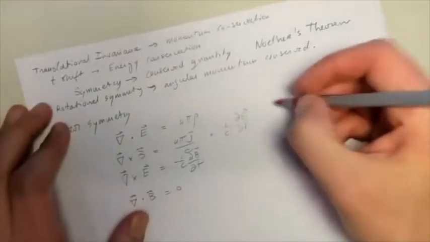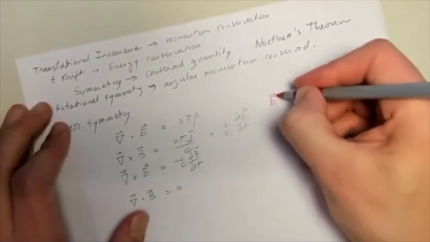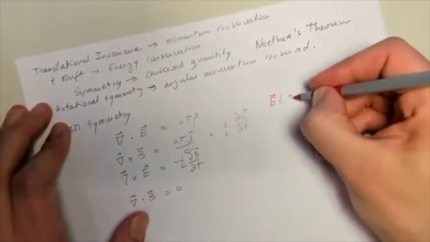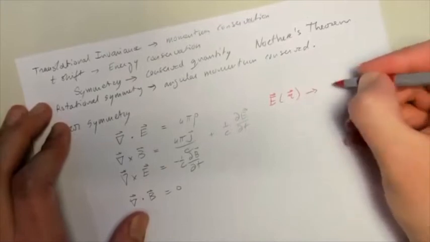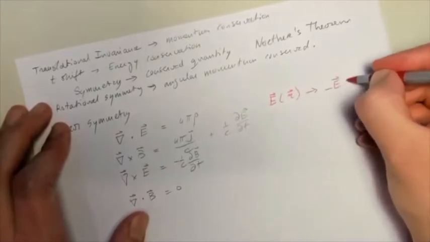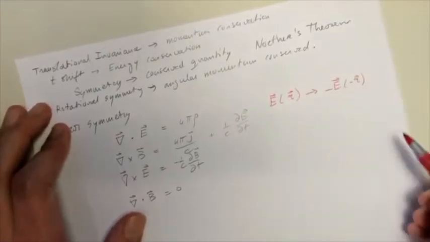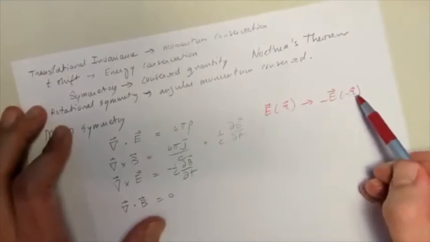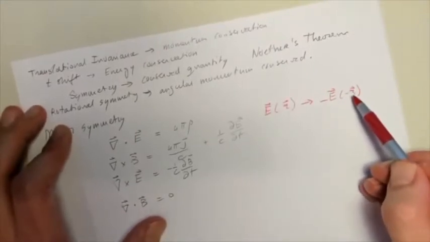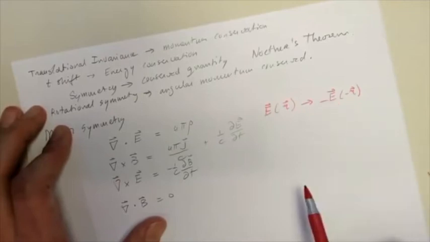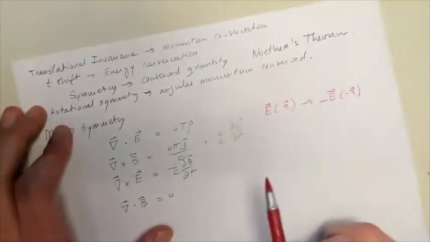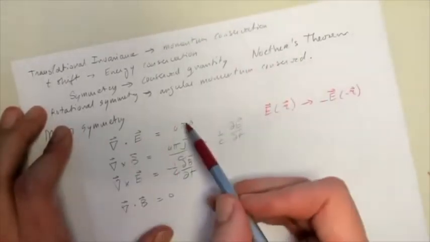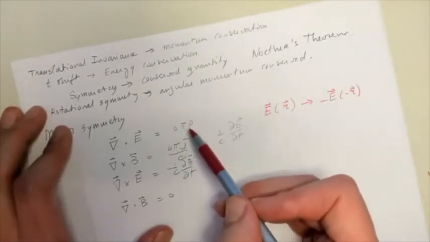So the mirror symmetry basically means that if you take E of R, it becomes minus E of minus R. As long as we swap both the sign of the coordinate system and the sign of E, the equations will be fine, because we're still talking about the same physical object, rho.